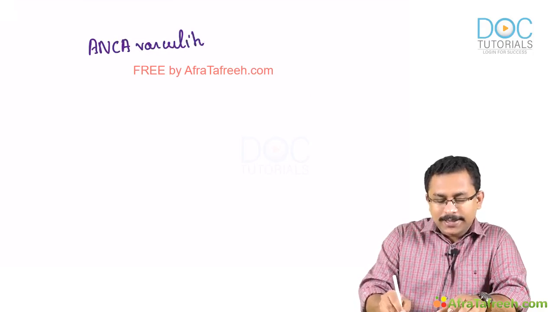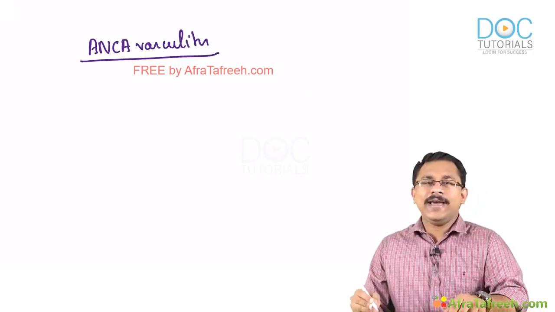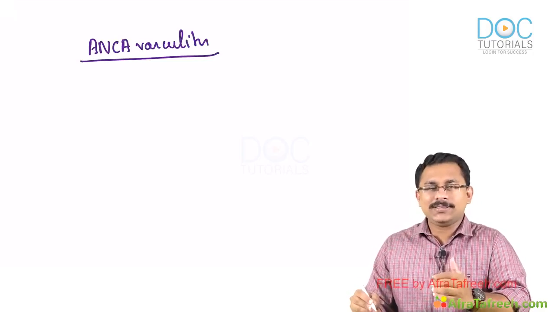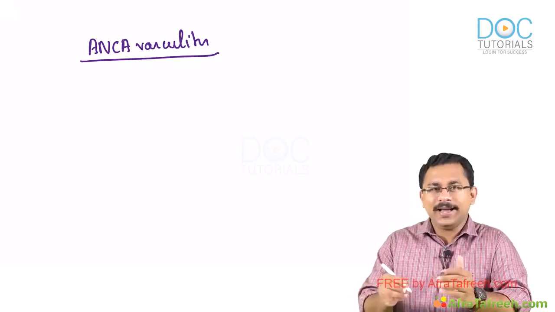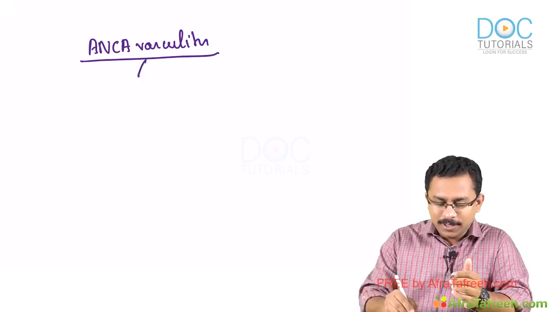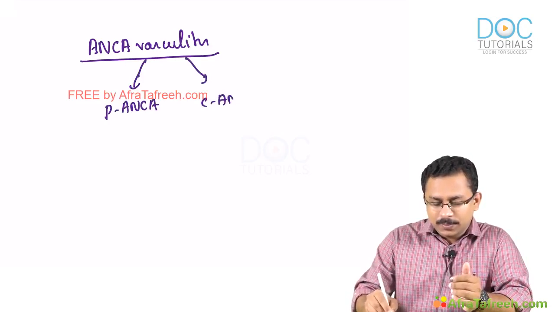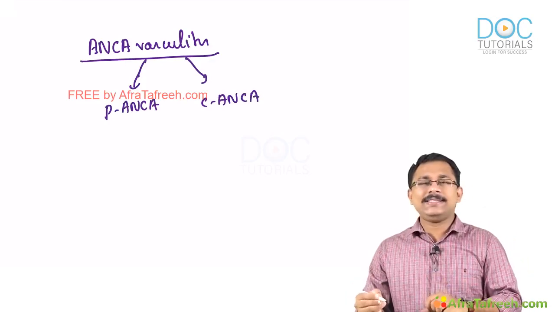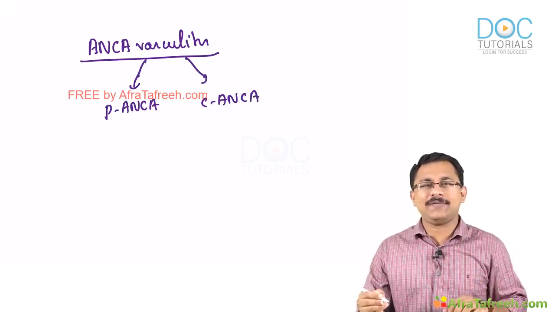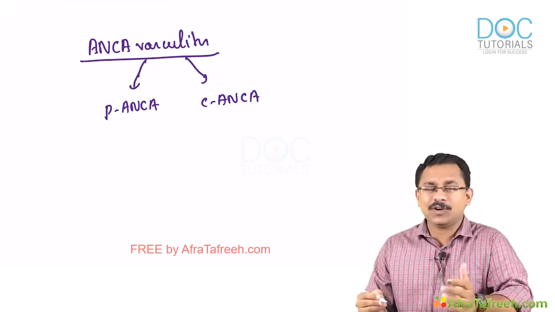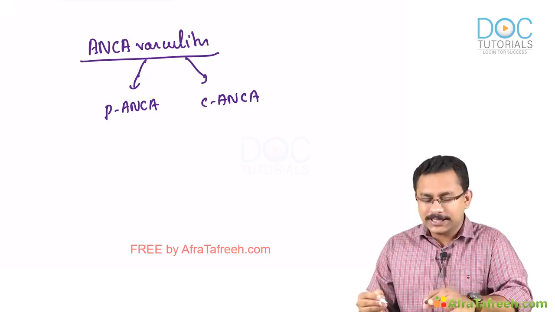So ANCA, I told you it stands for anti-neutrophil cytoplasmic antibody. I told you there are two types of ANCA, that is you have your P ANCA and C ANCA. So P ANCA is the perinuclear pattern of staining in immunofluorescence, and C ANCA is the cytoplasmic pattern in immunofluorescence.